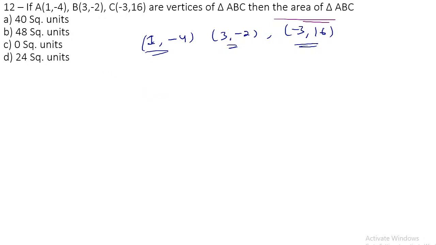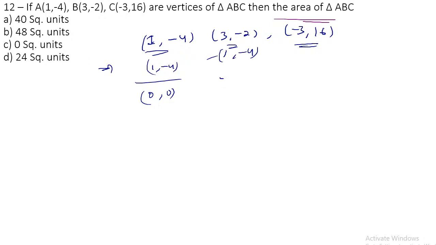What you need to do is convert one of the vertices to origin. So let us subtract (1, -4) from each point.